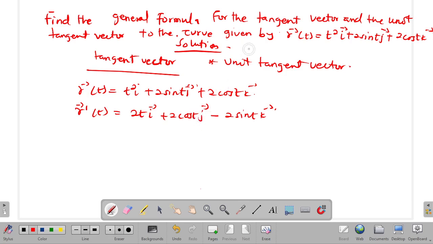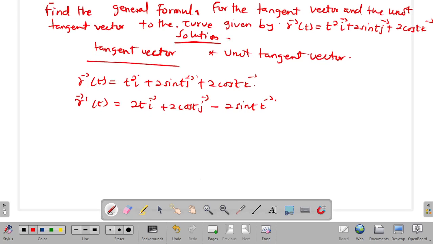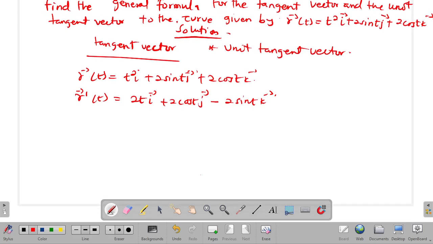Now the next thing is to find the unit tangent vector. It's not difficult. It's simply by taking the length of what you have here. Finding the length of my tangent vector gives me the unit vector.